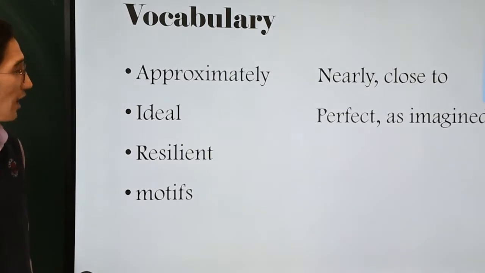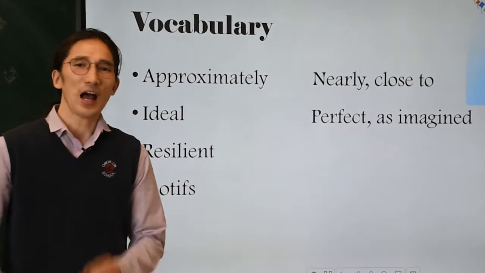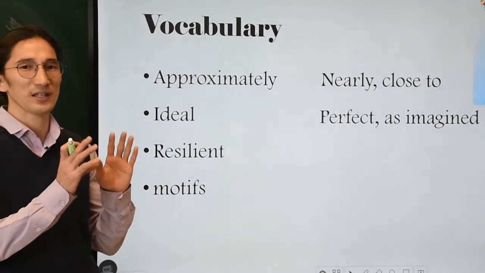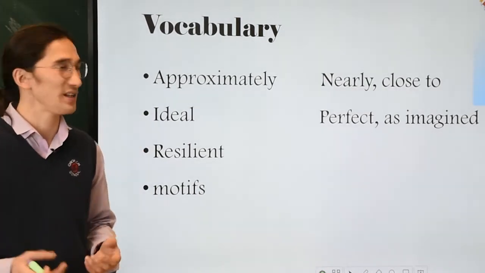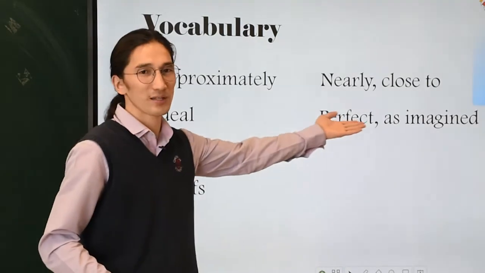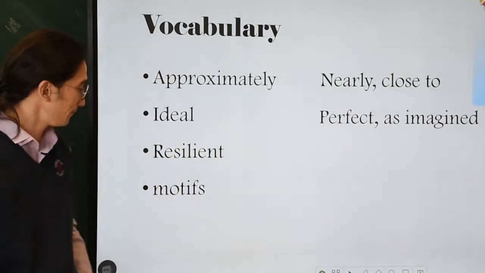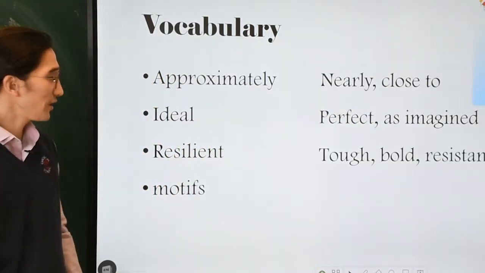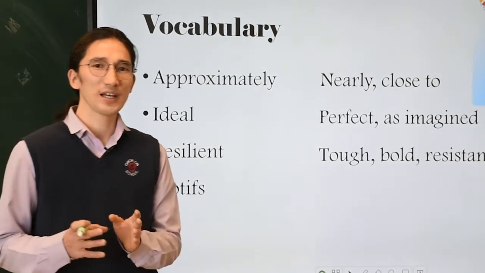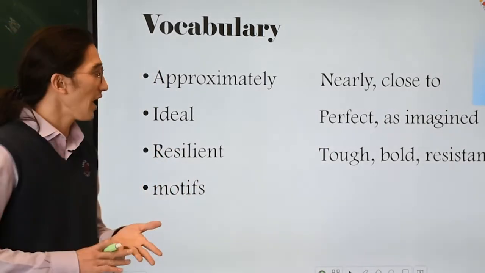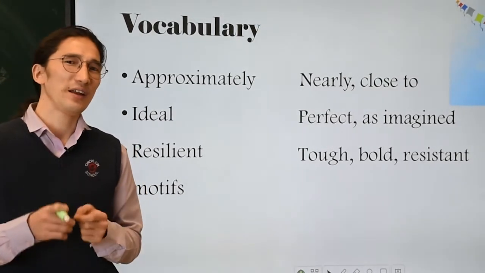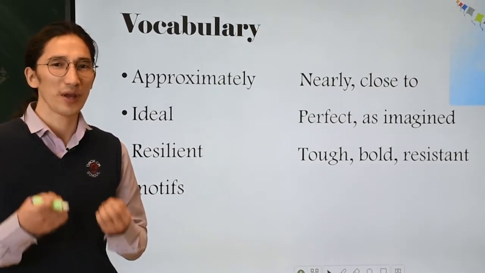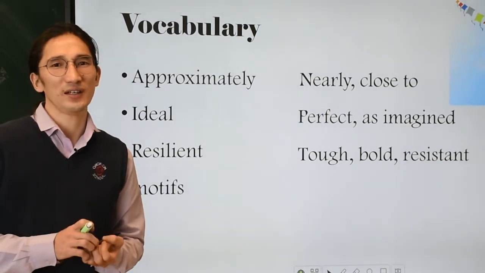The second one, ideal, like an ideal person. That means perfectly suited to your requirements or desire. So it means perfect or as you imagined. Resilient means very tough or bold, but it's also an ability to be resistant to something.